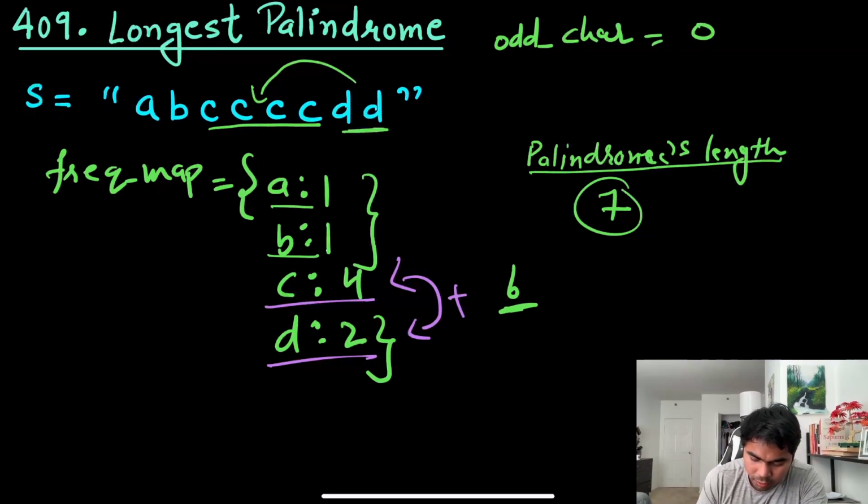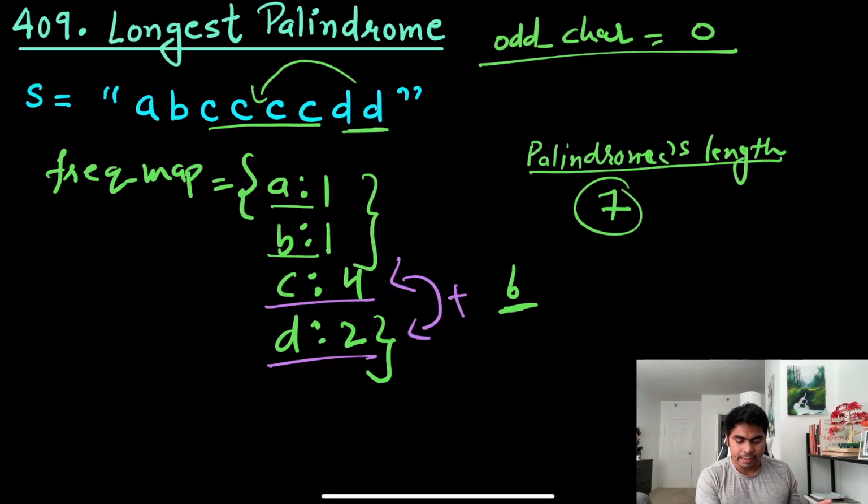Initially I will say 0, but in my map, if I come across any odd character count, then I will subtract 1 from it, and I'll add 1 to my odd char so that I can increment my count in the end when I return it.